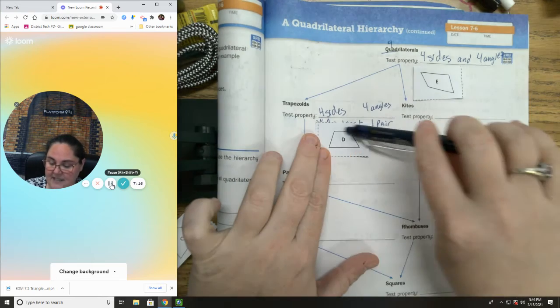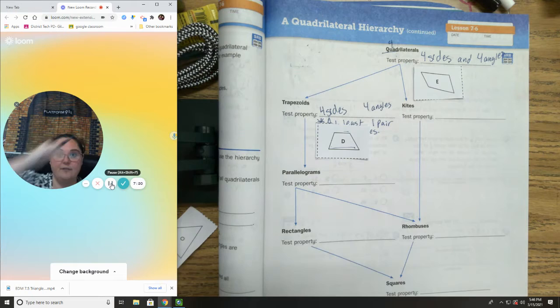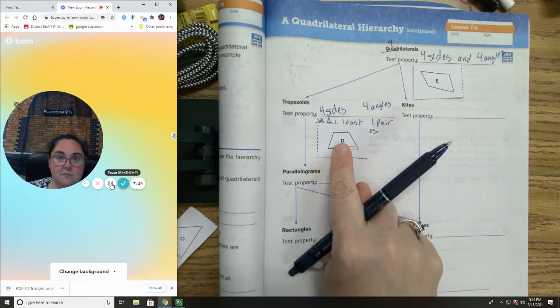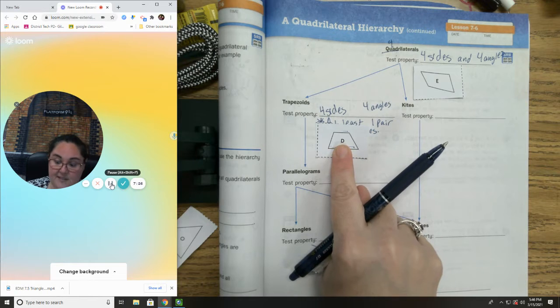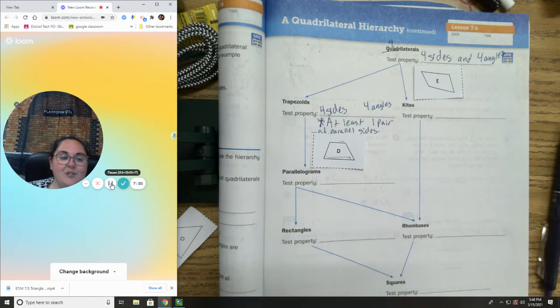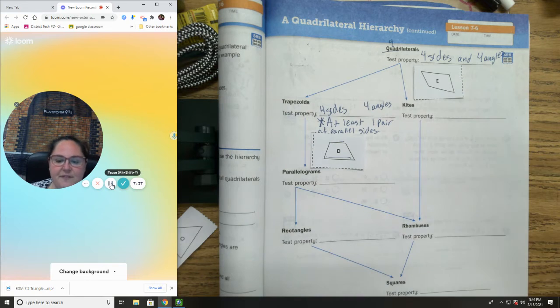I can tell that the top right here and the bottom right here are parallel. They will never touch. There's only 1 set of them, but at least it's 1. That is where you would put your trapezoid. By the way, this is on page 251 in your Everyday Math Workbook.